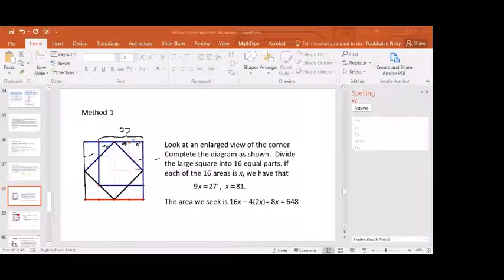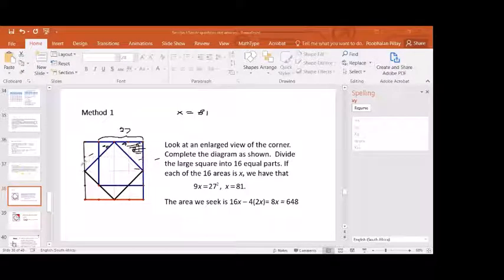Therefore, the area of each small square is 81, because the side is 27 and it's split in 3 equal parts. So this is 9, that will be 9. So your x, which is the area of the small square, is actually equal to 81.